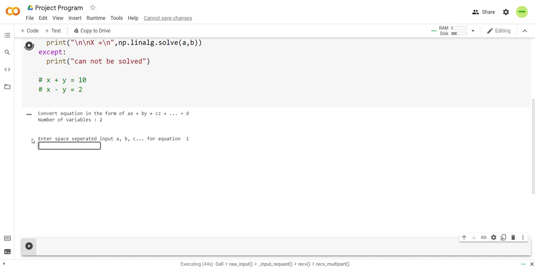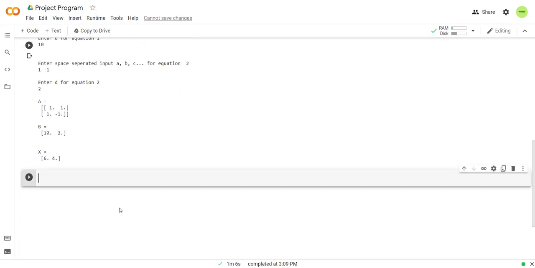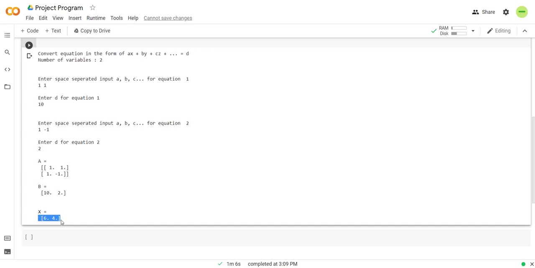So here for the first equation a and b are 1 and 1, after that d is 10. Similarly, for the second equation a and b are 1 and -1 and d is 2. Here is our answer, x is 6 and y is 4.